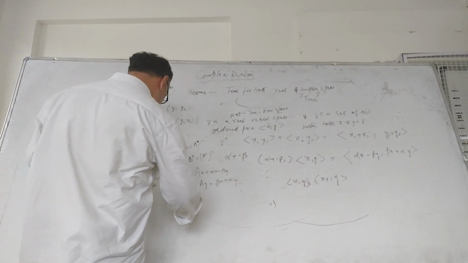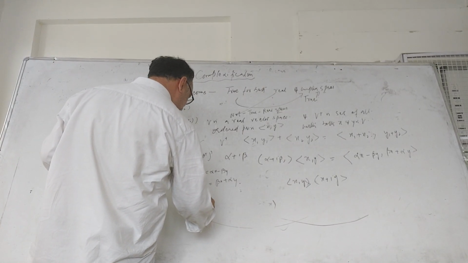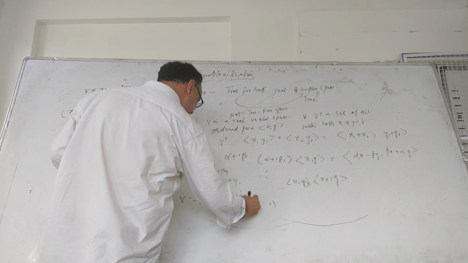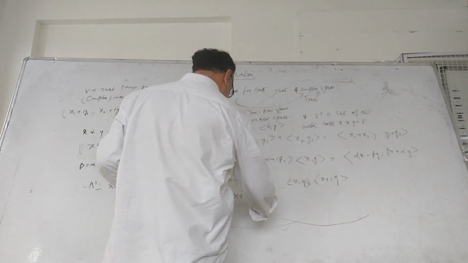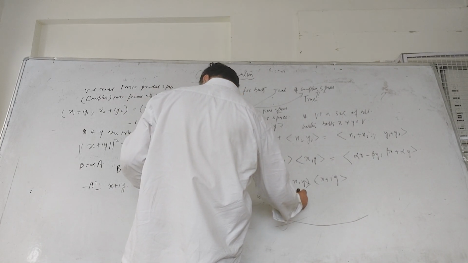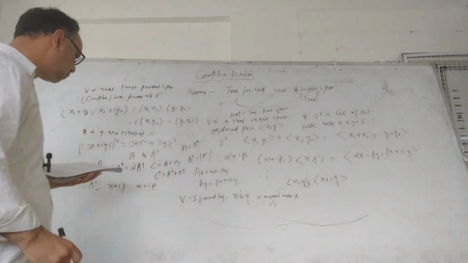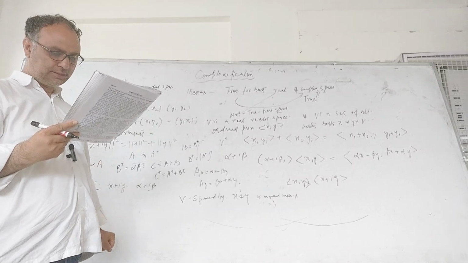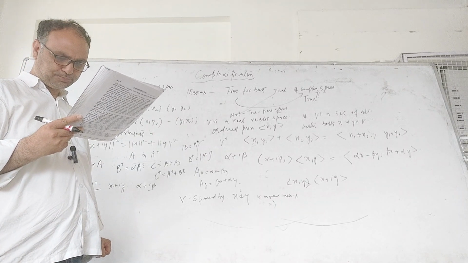So then the subspace of V spanned by x and y is invariant under A. Maybe for dimensions 1 and 2 we can show it in a very simple way.